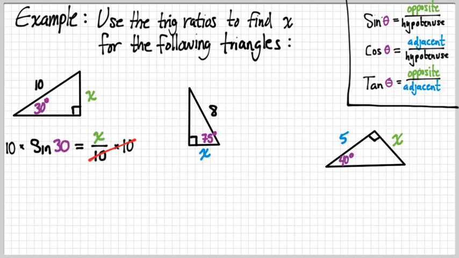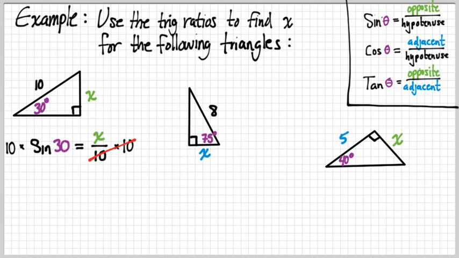Okay, now what you can do is take your trusty scientific calculator and punch in 10 times the sine of 30. Now you need to practice with this. The first thing I would recommend doing is making sure your calculator is on the right mode. So type sine of 30 equals, and I'm going to explain this with degree mode. There are different ways to do it, and that's why it's important that everyone is on the same mode.